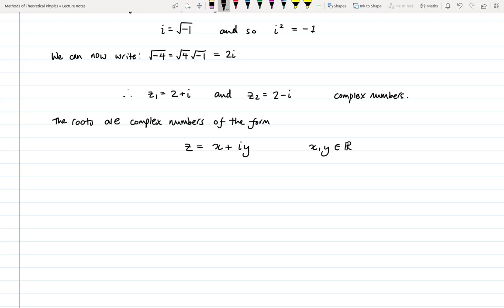So this notation here means that x and y are elements of the set of the real numbers. And we refer to x as the real part of z, and to y as the imaginary part of z.